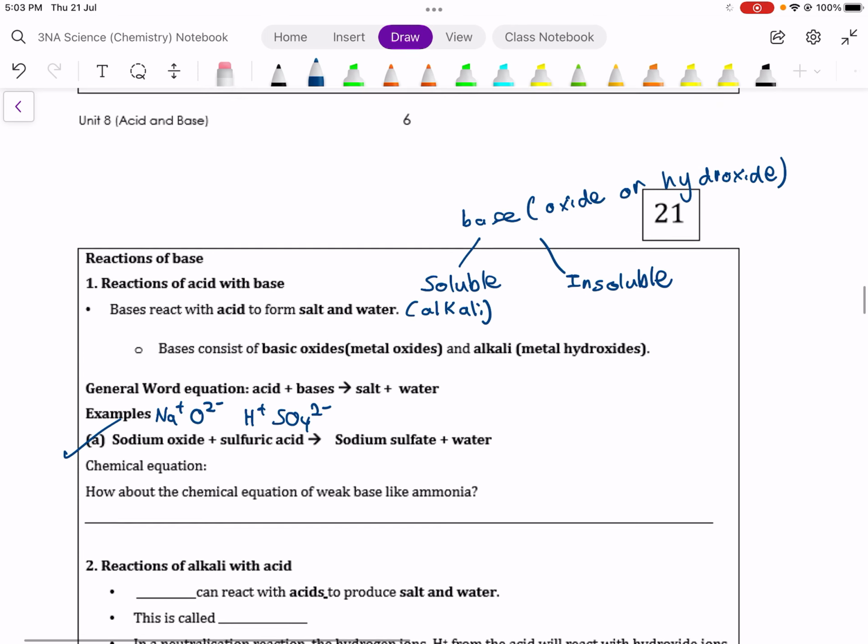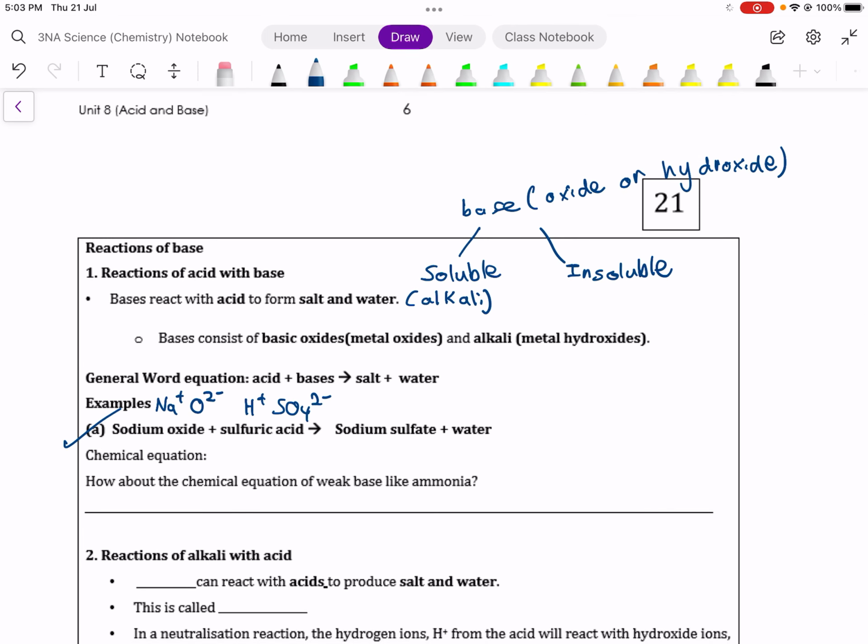As always, when you write chemical equations or formulas, you need the help of these five polyatomic ions. Sulfate, the chemical formula is SO4 2-. Then you have nitrate, NO3-.